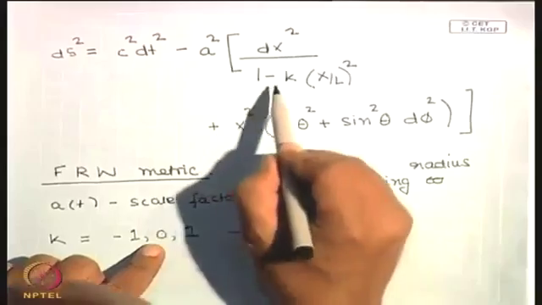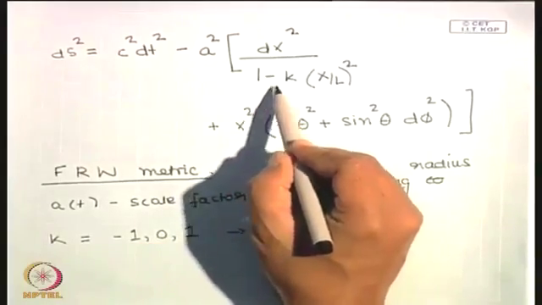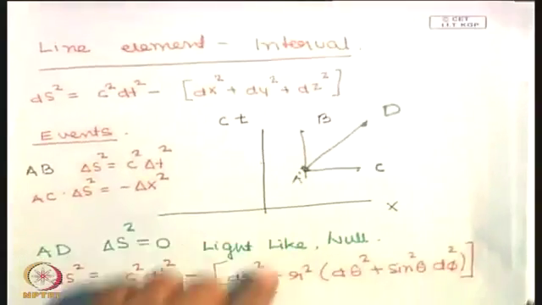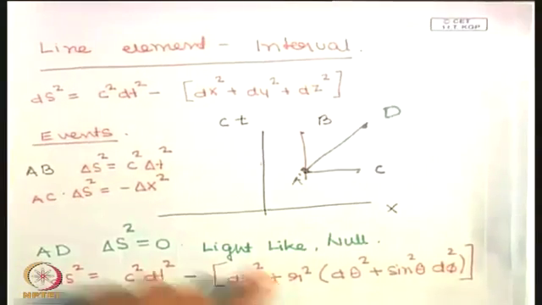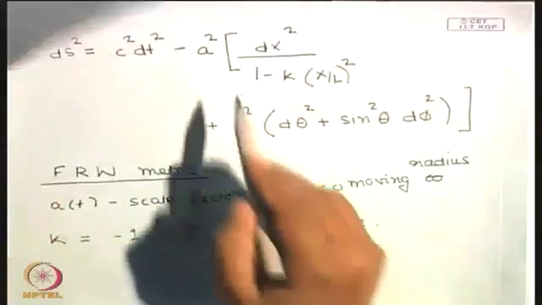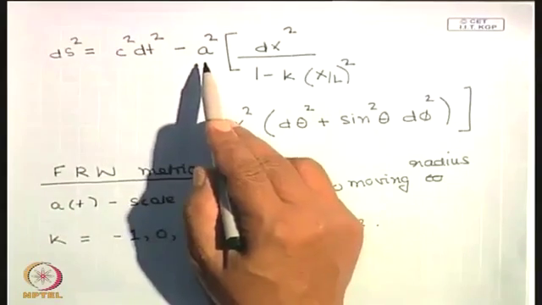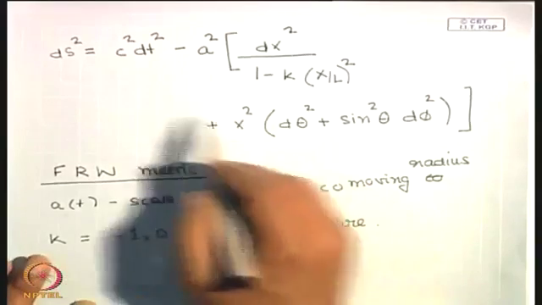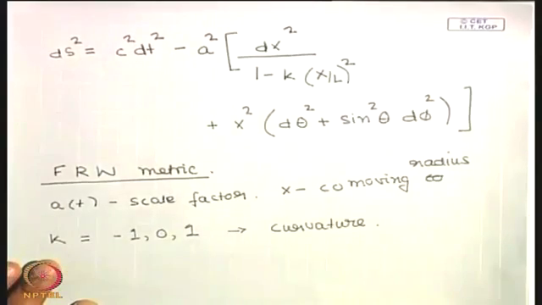So if you set k equal to 0, you recover back exactly this, if you make the scale factor 1. Okay, so this is the spatial curvature, not the curvature of space time. The space time is curved already. Okay, this is the spatial curvature.